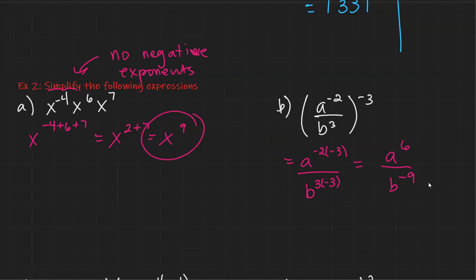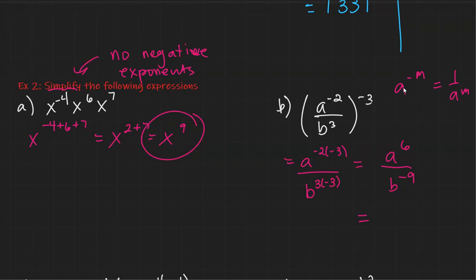Okay, and you can see here, we have a negative exponent there. So let's take care of it. Well, our rule from above was a to the -m is equal to 1 over a to the m. Well, how do we deal with it when it's already in the denominator? Notice the terminology I used above.